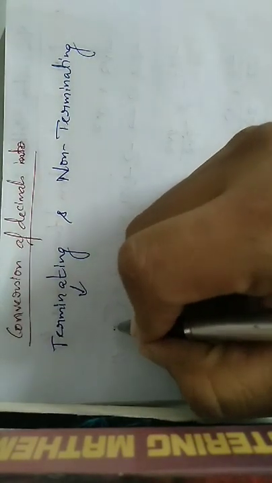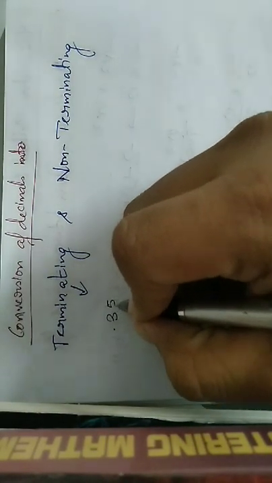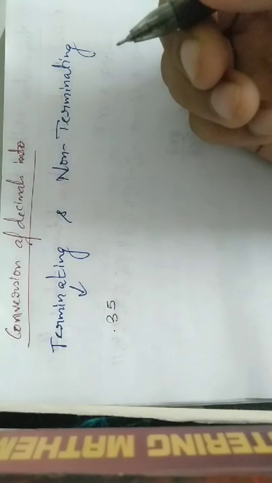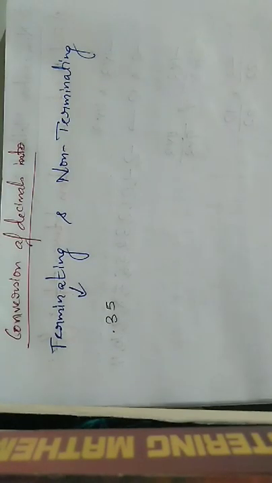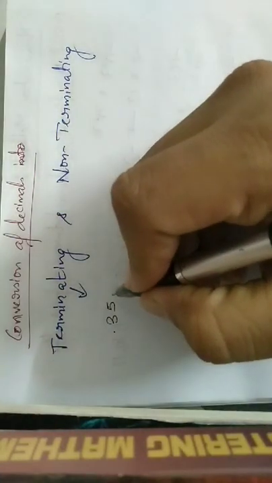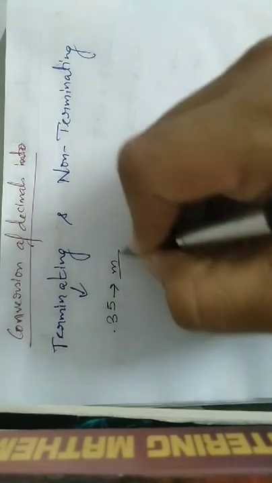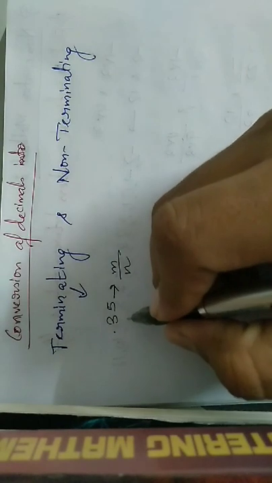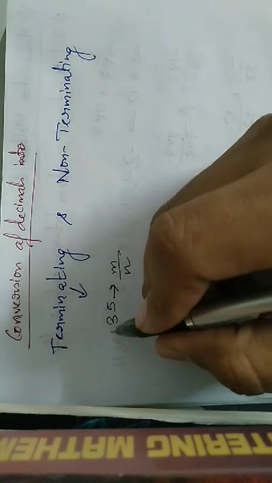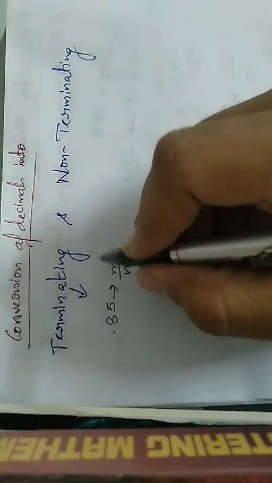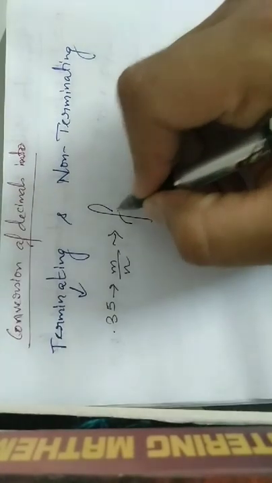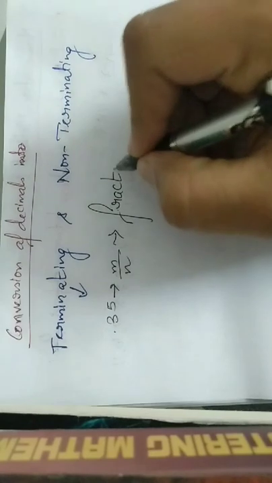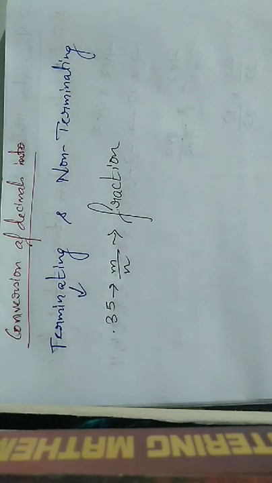Okay, so let's take an example of 0.35. I have to convert this decimal into the form of m by n. So how do I do it? 0.35 is a decimal, and I need to convert it into a fraction.